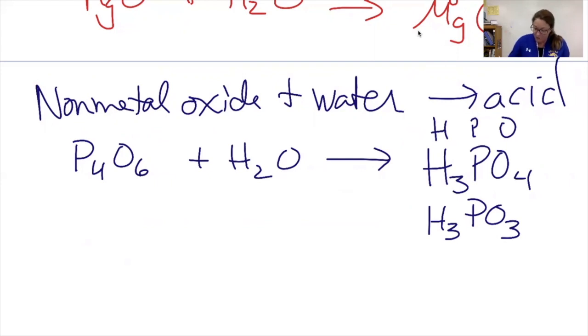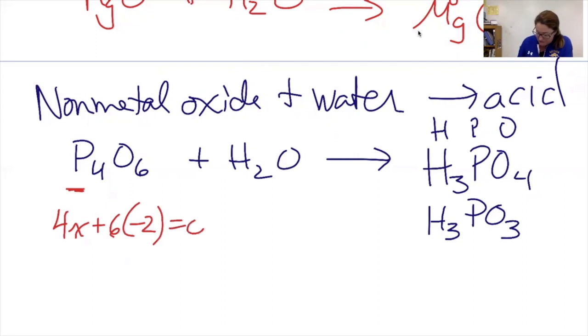Okay, to figure out which, I'm going to figure out what the oxidation state of phosphorus is in this compound. We did this in the very beginning of the year. I don't know the oxidation state of phosphorus, but I have 6 oxygens, each oxygen at a -2. And that's going to tell me 4x minus 12 equals 0, or x is a +3. Phosphorus has an oxidation state of +3 in that compound.